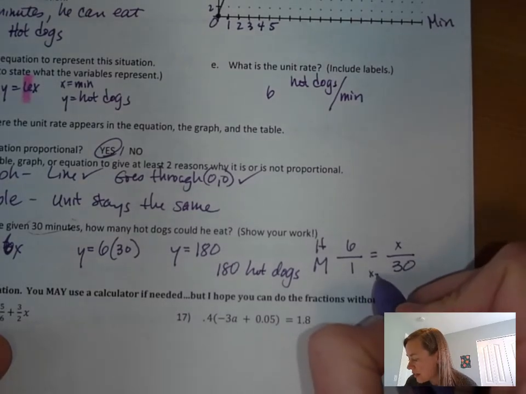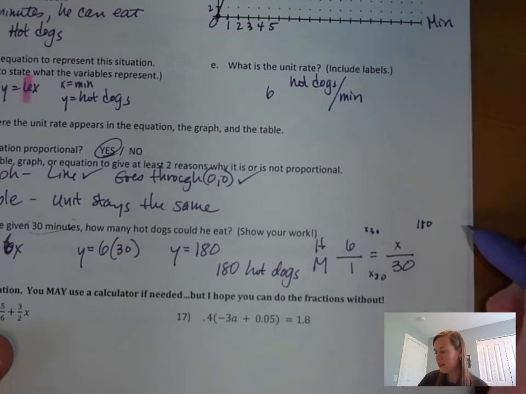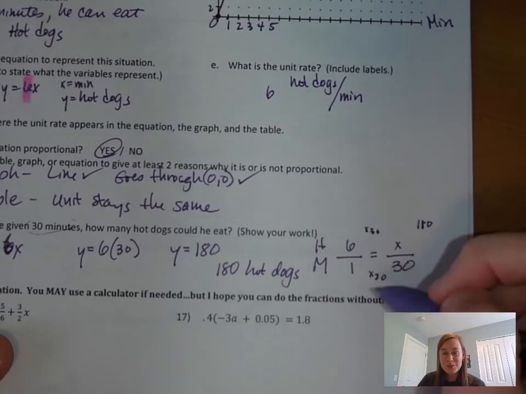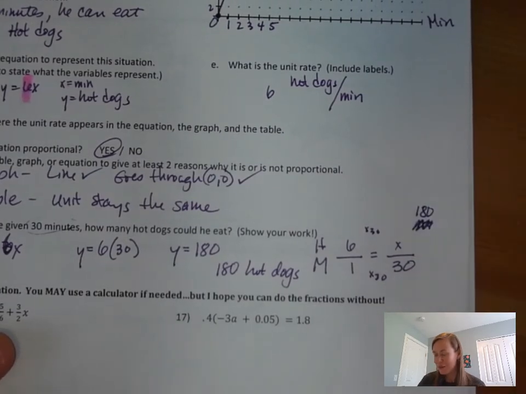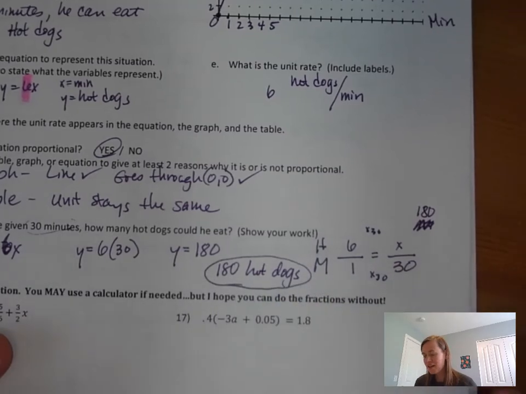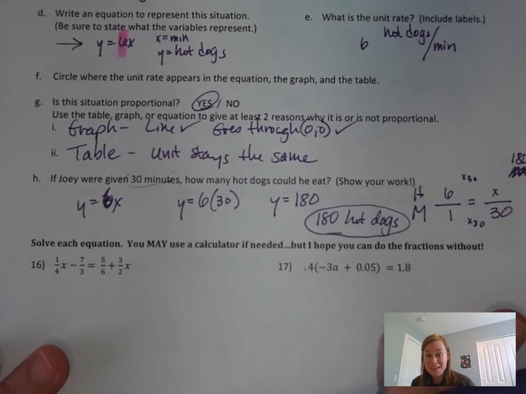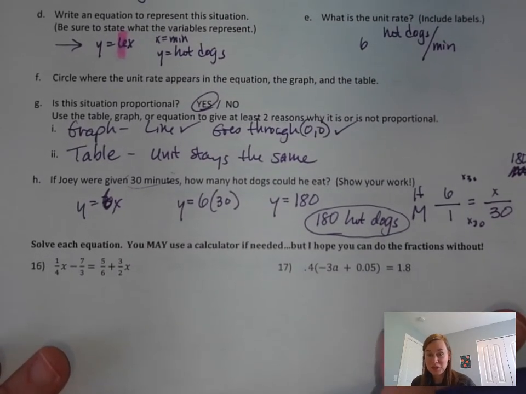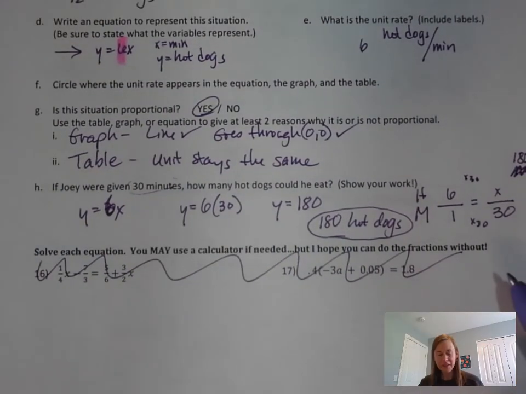It looks like we're doing times 30, so 6 times 30 is going to be 180. Or you could cross multiply, and that should give you the same exact answer. You can't read that. I'm going to write it again. There we go. So no matter how you figure that out, it's going to be 180 hot dogs. No, not per minute, per 30 minutes. He can eat 180 hot dogs in 30 minutes. Theoretically. I don't know if that's really true. You do not have to do numbers 16 and 17.